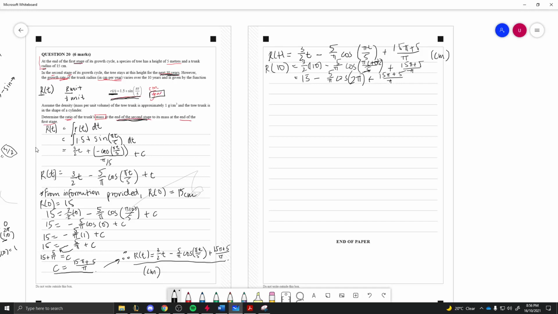Now let's get rid of this cos first. Using the unit circle, 2 pi is the same as 0, so the cos is going to equal 1. So this is going to equal 15 minus 5 over pi times 1, plus 15 pi plus 5 over pi.